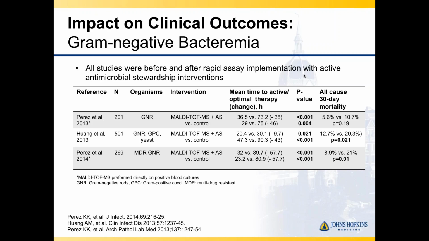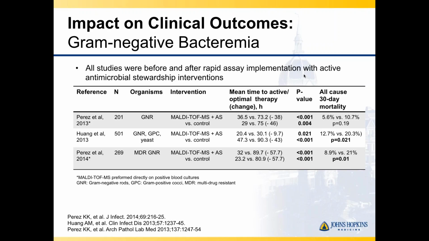They were also able to decrease time to active therapy by 9.7 hours and time to optimal therapy by 43 hours. In this study, they saw a significant reduction in mortality, and that's probably related to getting patients on appropriate therapy sooner, so perhaps it does make a difference in mortality.